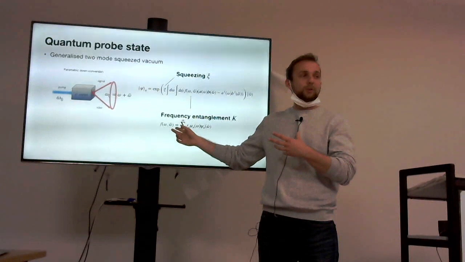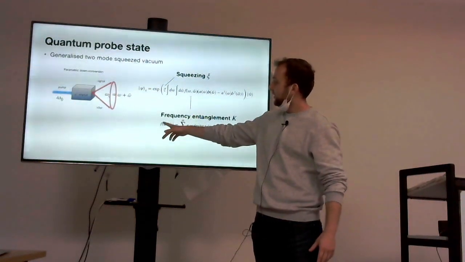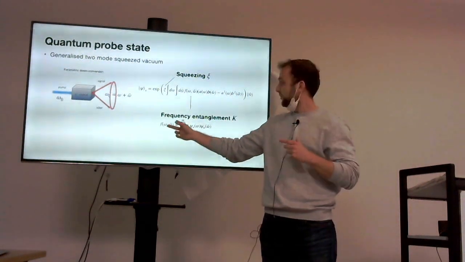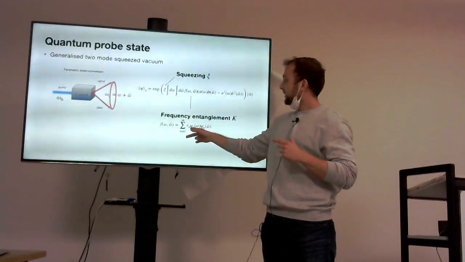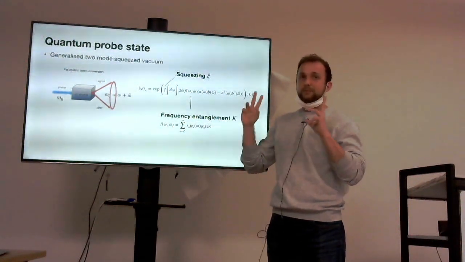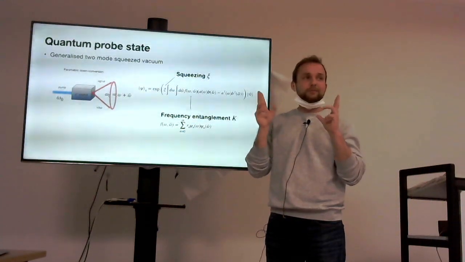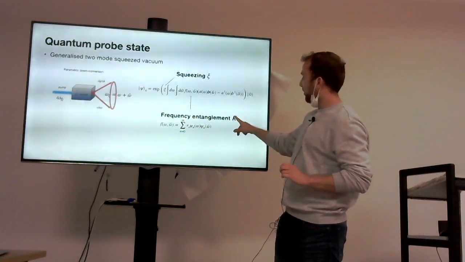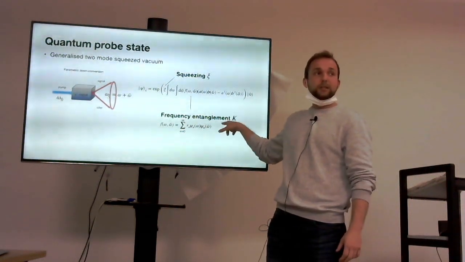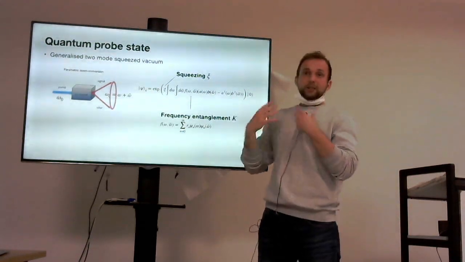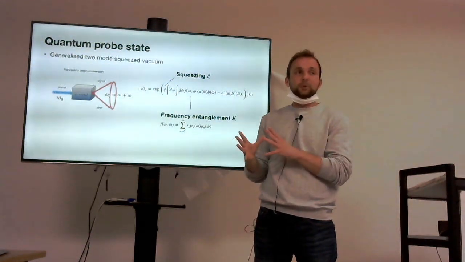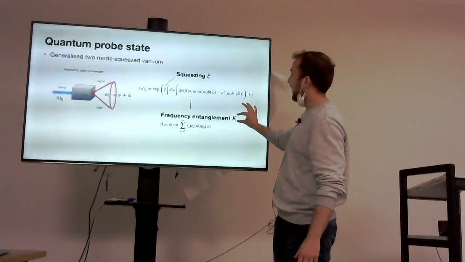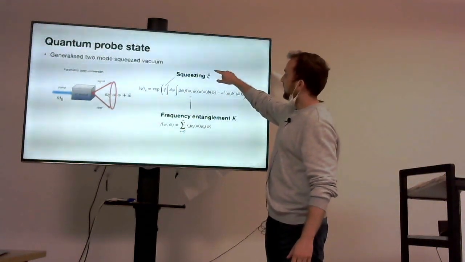We can do a so-called Schmidt decomposition of this function, and if there are many terms, then we cannot really write it as a product. The number of terms is called k, which is the Schmidt number. The larger this k, the bigger the frequency entanglement. Those are the two resources, k and the squeezing xi.